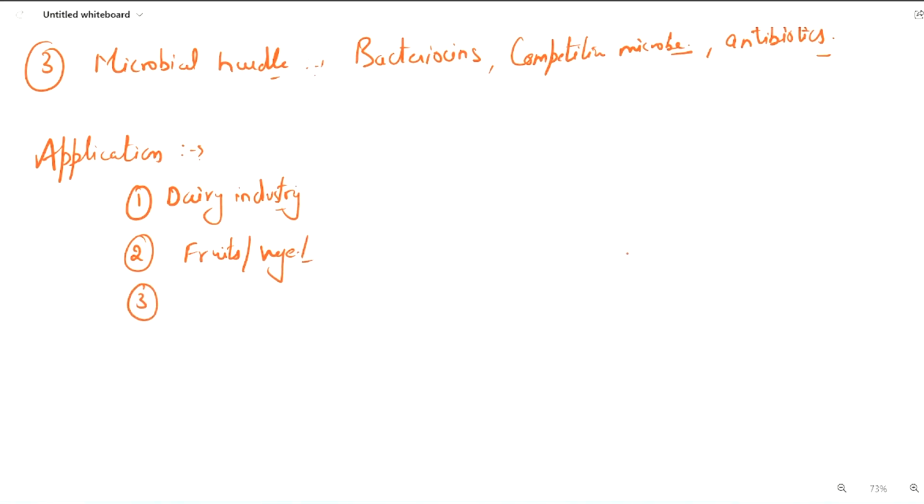Third, it is used in products derived from fruits, and also in the meat industry. So this technology is very famous, and it is used in different types of food industries.